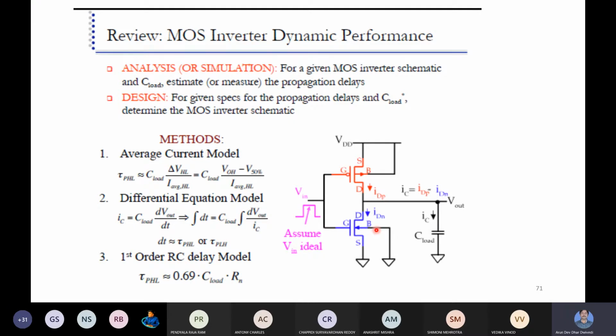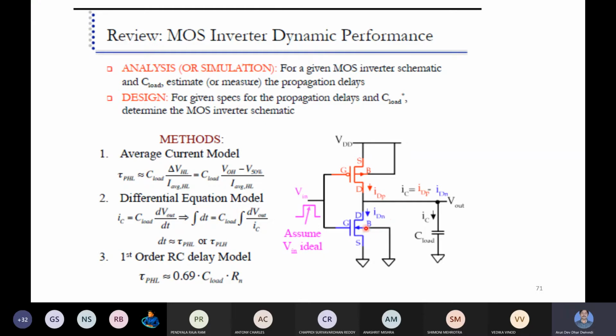Also, if the input pulse is coming from high to low, the output will start its transition from low to high.